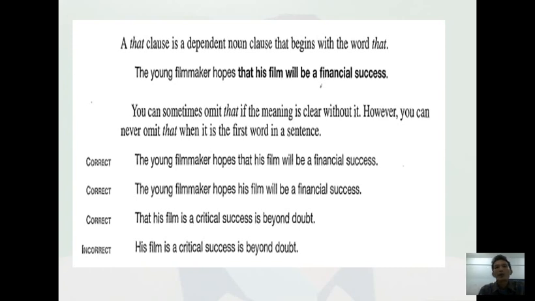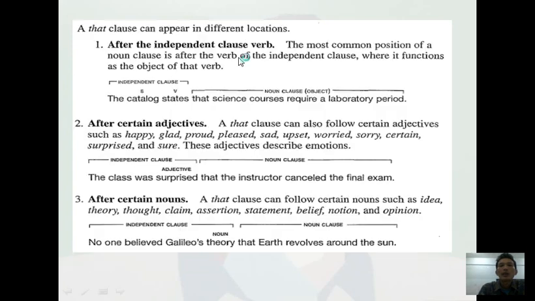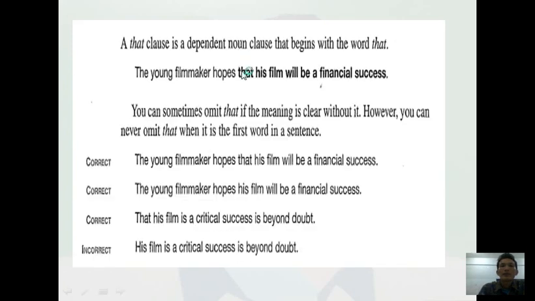So you are able to write, the young filmmaker hopes his film will be a financial success. You are able to omit that here. Or you are able to write, the young filmmaker hopes that his film will be a financial success.